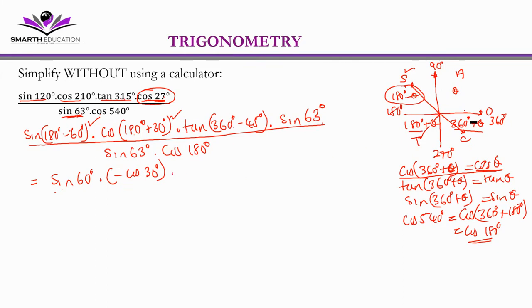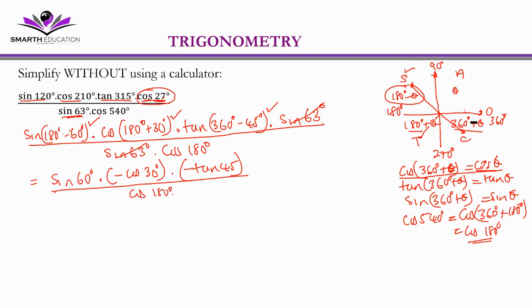And then this is in the fourth quadrant, so it's going to be negative tan 45. And then sine 63 divided by sine 63 is equal to 1. So we remain with that, and then cos 180 degrees.